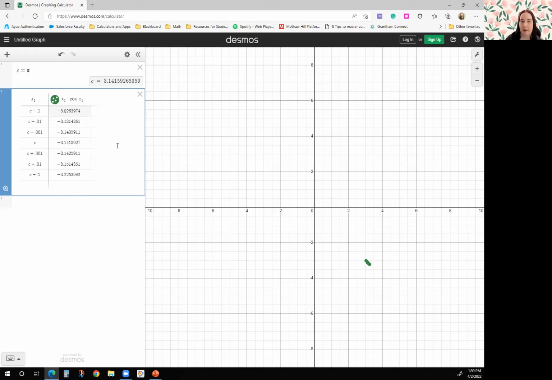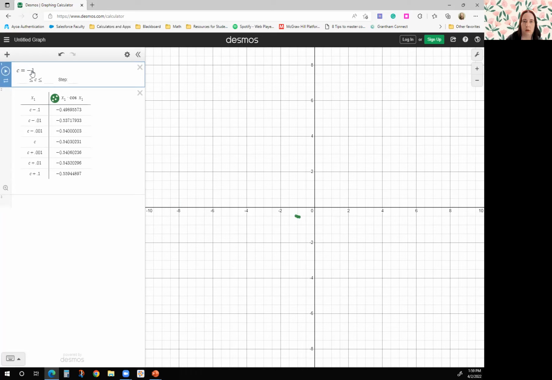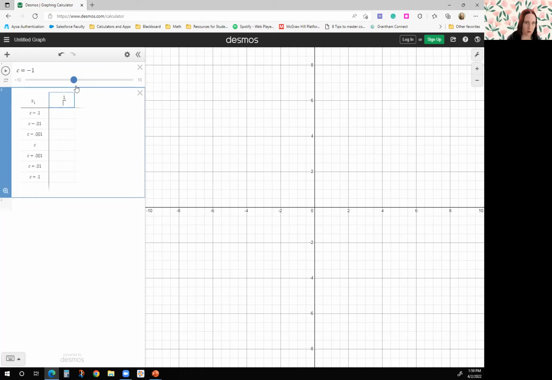And so this is a method that you would use if you had a vertical asymptote. So let's say we're going to just make up a function here, 1 over x plus 1. That has a vertical asymptote at -1.